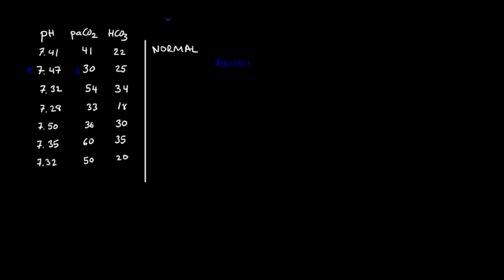The bicarb here is 25, which is within normal. So because the pH and the PaCO2 are moving in opposite directions, this is an example of respiratory acidosis. And because the bicarb level here is normal, this is non-compensated.